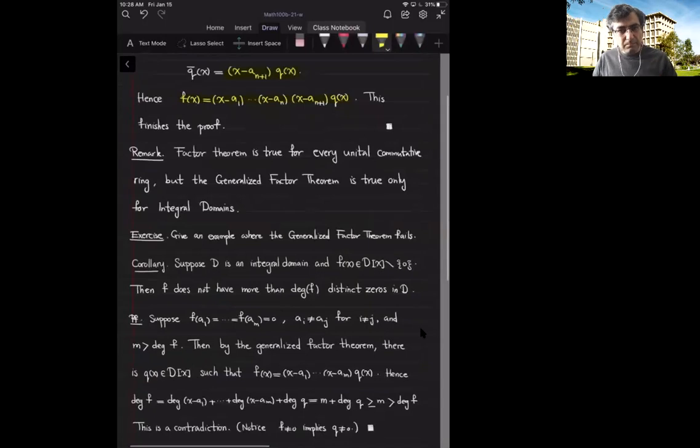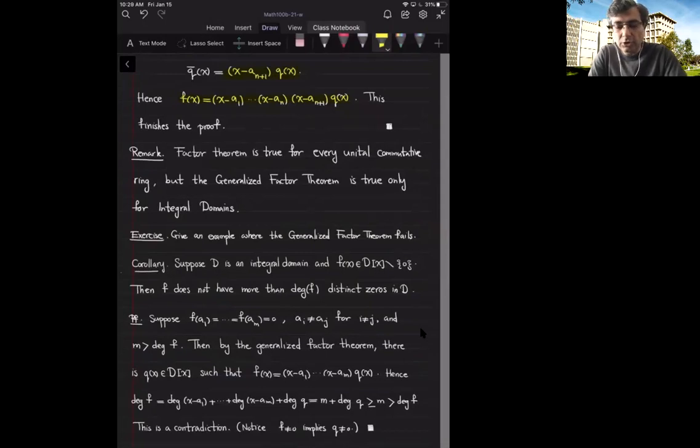So again, the important remark is that the factor theorem is true for an arbitrary unital commutative ring, but the generalized factor theorem is true only for integral domains. It's actually a very good exercise to come up with an example where the generalized factor theorem fails for an arbitrary unital commutative ring.